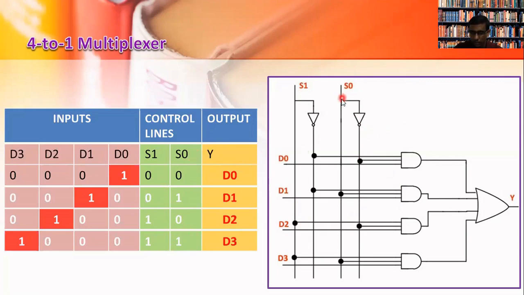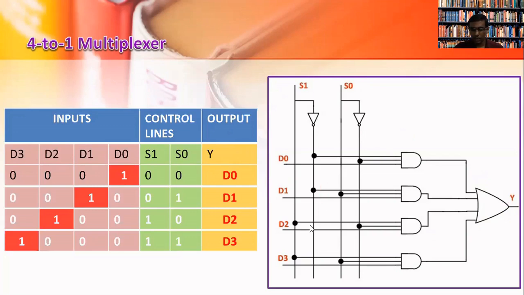Therefore, we are connecting directly to the last AND gate. S0, 1, S1, 1. And we have only one output. Therefore, we are using a 4-input OR gate at the output. This is the logic diagram of 4-to-1 multiplexer.